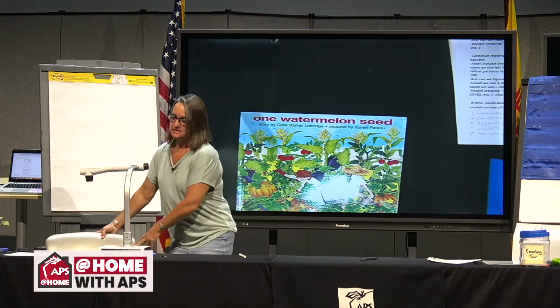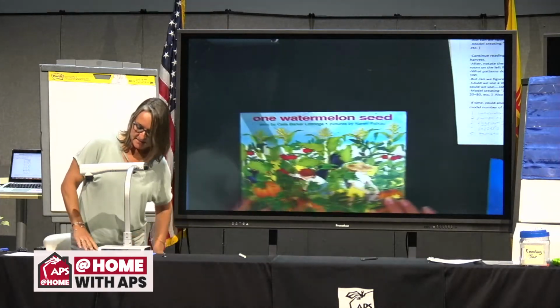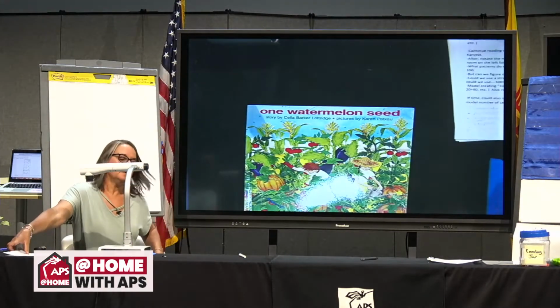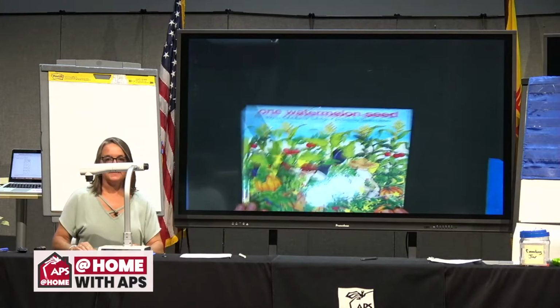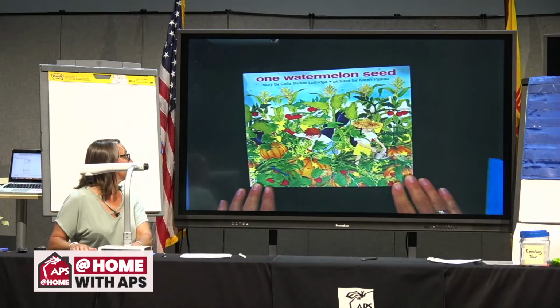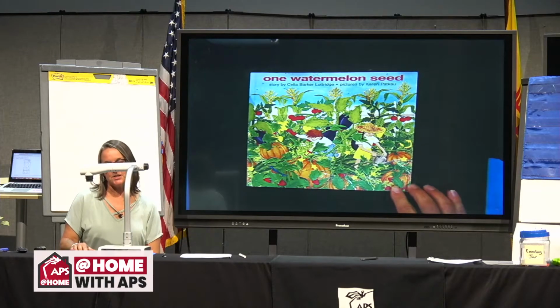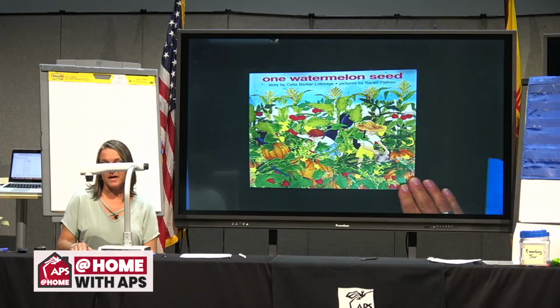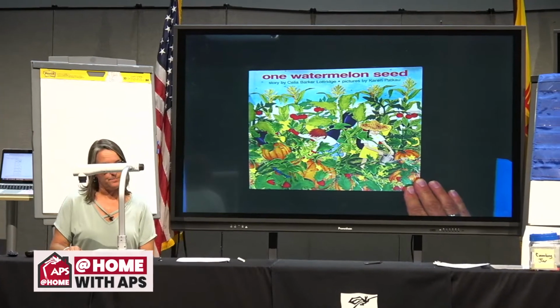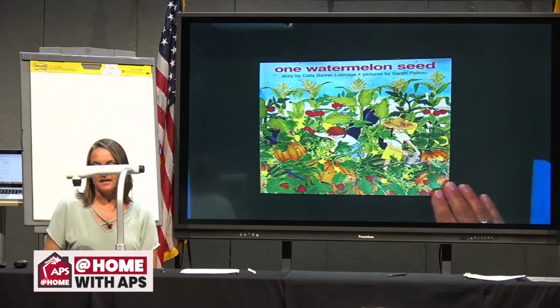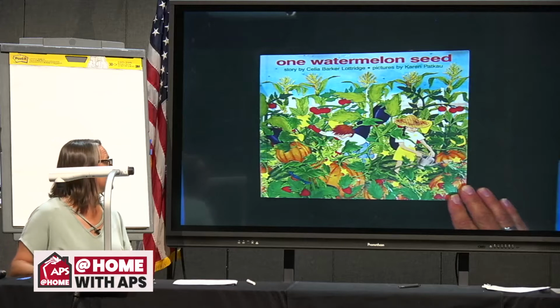All right, so today's story is called One Watermelon Seed. And it was written by Celia Barker Lottridge, and it was illustrated by Karen Potkow. And it is an Oxford University Press book.